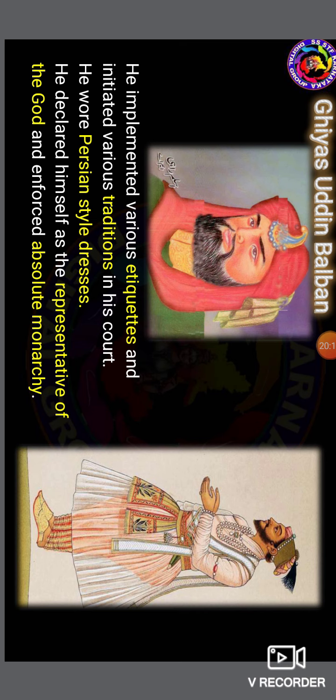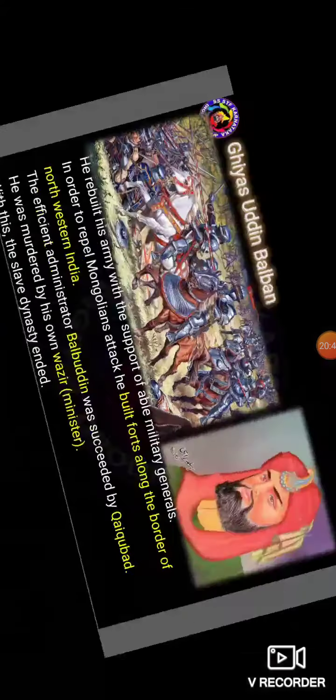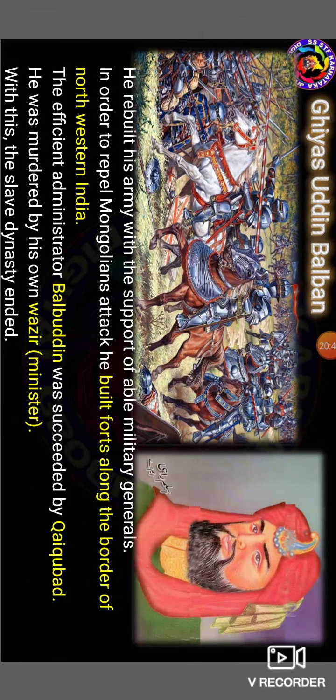He implemented various etiquettes and initiated various traditions in his court, such as Persian styles of dressing. He declared himself the representative of God and enforced absolute monarchy. He rebuilt his army with the support of able military generals to repel Mongol attacks, and built forts along the border of northwestern India.